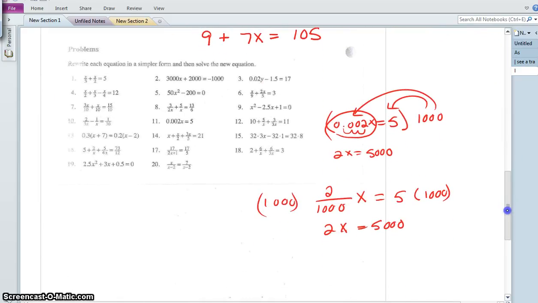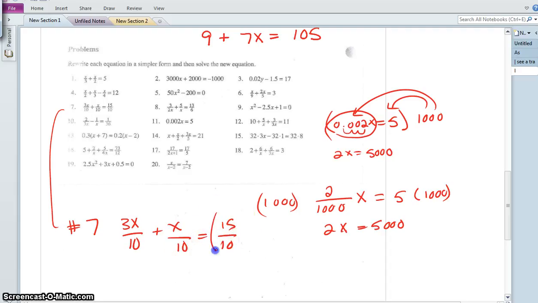So let's apply this in example 7, which reads 3x over 10 plus x over 10 equals 15 over 10. So not much to think about here.